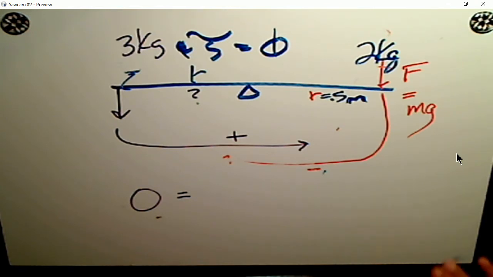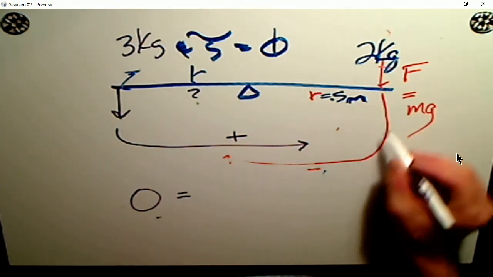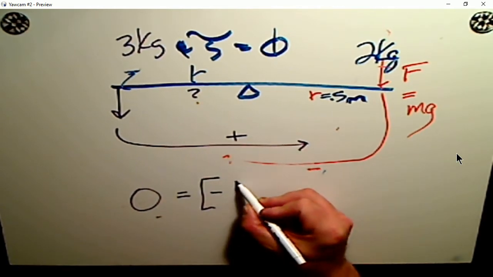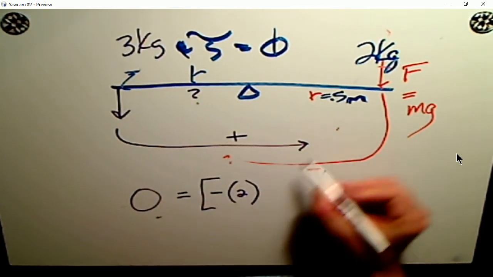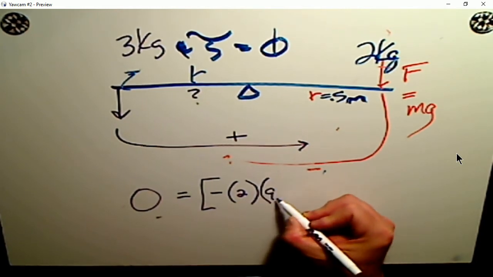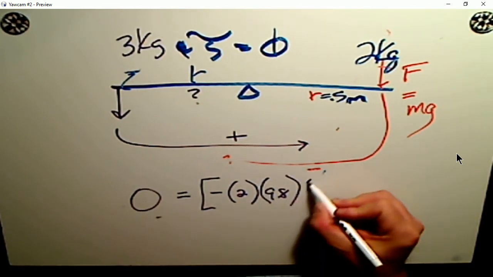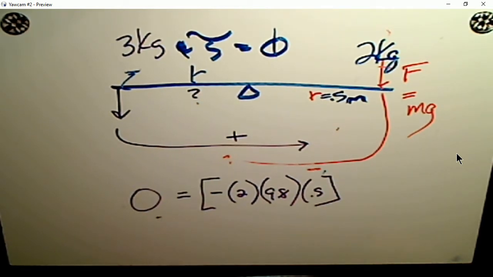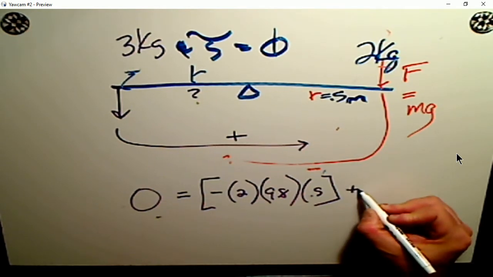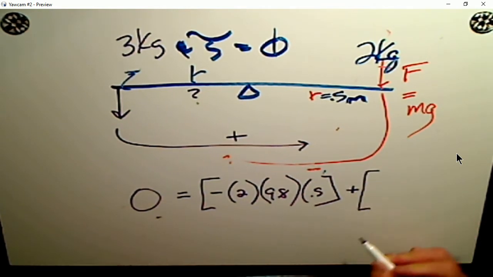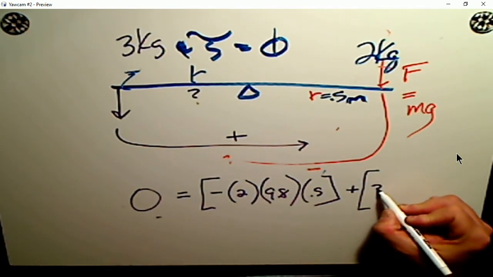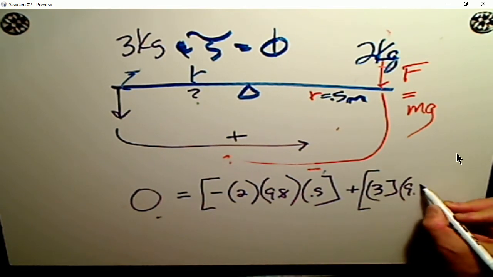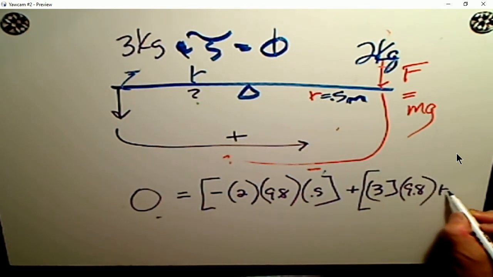So it's an interesting problem. What we have is this in the negative direction. We can just say negative 2 times gravity times 0.5. And then we have in the positive direction 3 times gravity times, well, we don't know, the radius.